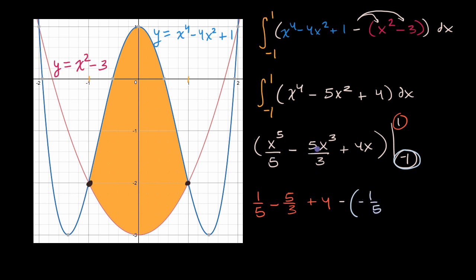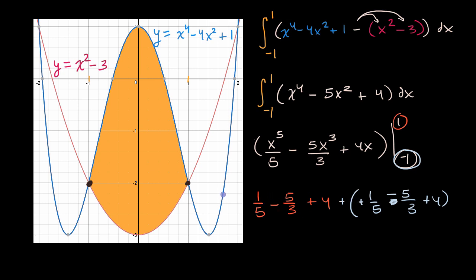And then minus, we have 5, so this is going to be -5/3, but we have a minus out there, so plus 5/3. And then 4 times -1 is -4. But then we're going to distribute this negative sign. So if we distribute it, this would be a plus, then this would be a plus, this would be a minus, and then that would be a plus.